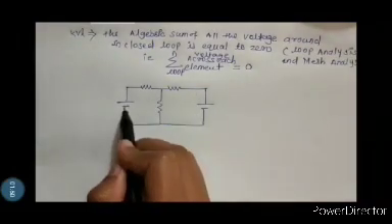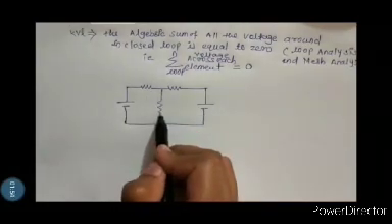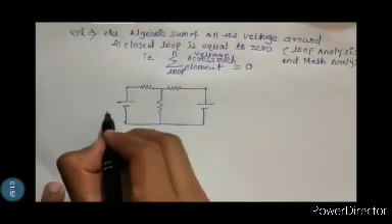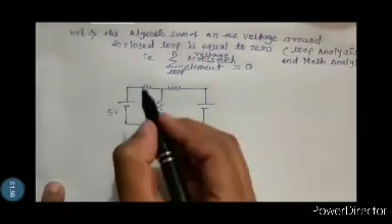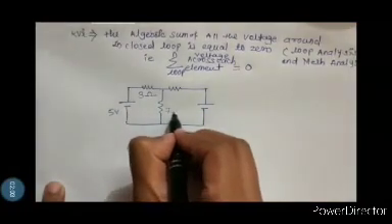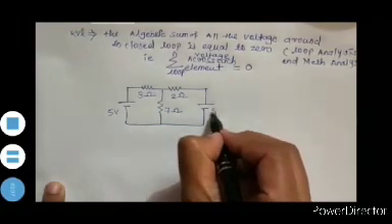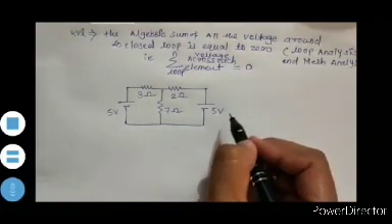We can see that there are 2 voltage sources and 3 resistors. The voltage is 5 volt, the resistors are 3 ohm, 7 ohm, 2 ohm, and the other voltage is 5 volt.